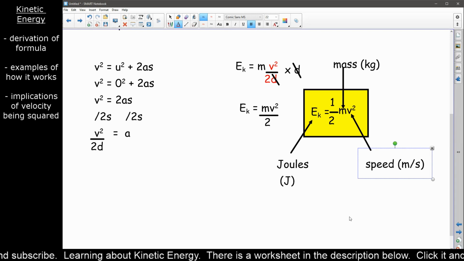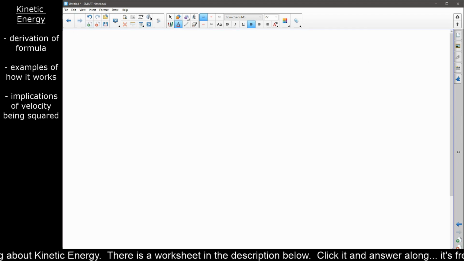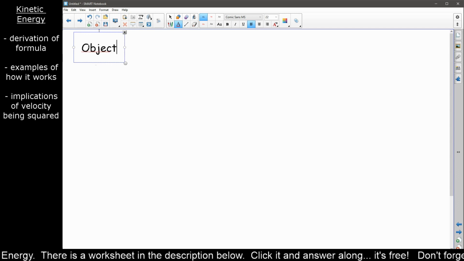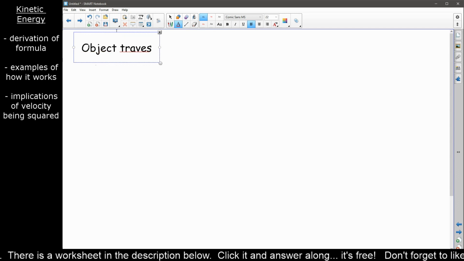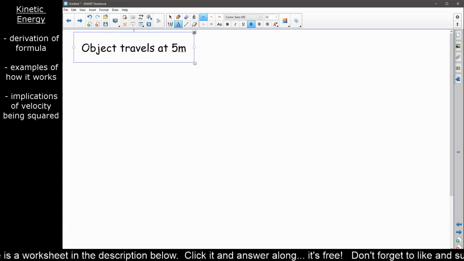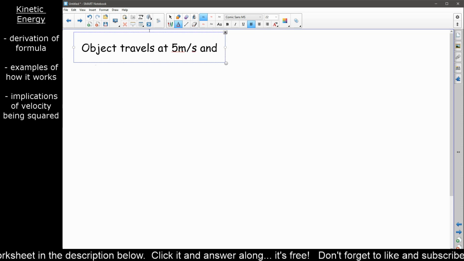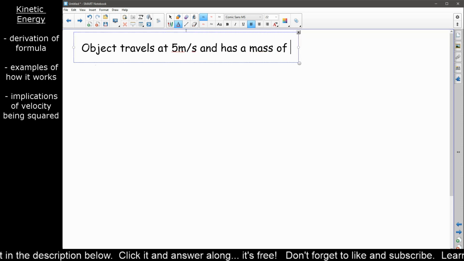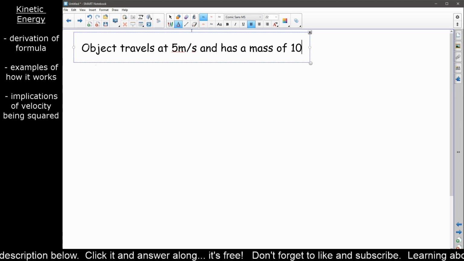Once we've got that, we can now play with this a little bit. Okay, so let's set ourselves up a little situation. Let's imagine that an object travels at 5 meters per second and has a mass of 10 kilograms.